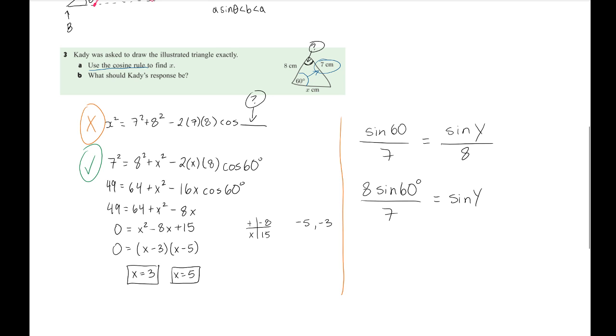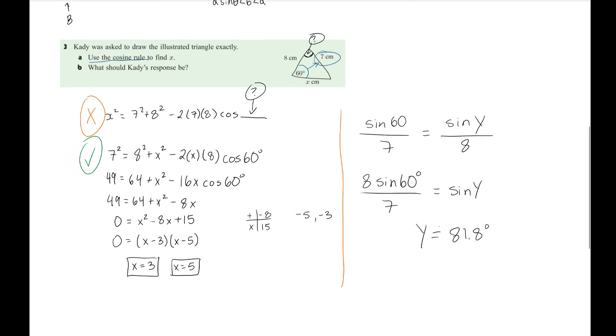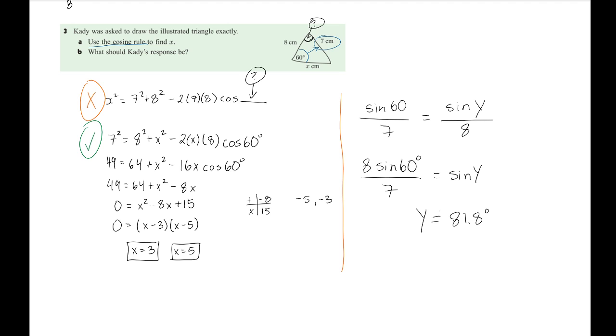I would do sine inverse to get the angle, and I would get something that I'm plugging into my calculator. Wait for it. I would get that y is equal to 81.8 approximately. And so when you use that to get the angle, you find that that angle across from 8, I'm just going to label it back up here in the diagram, is 81.8 degrees.